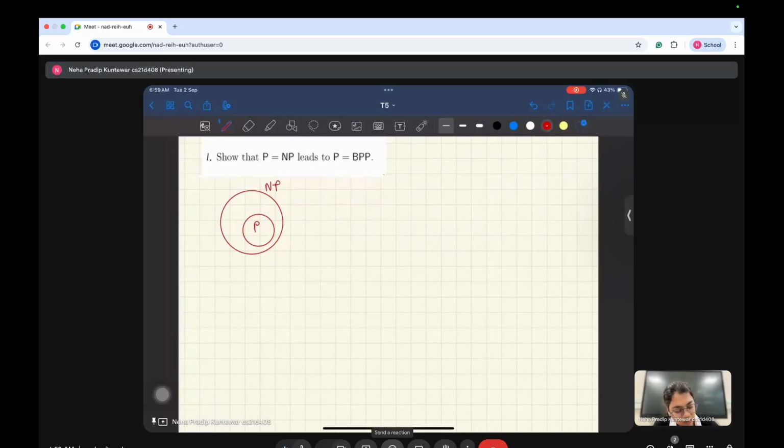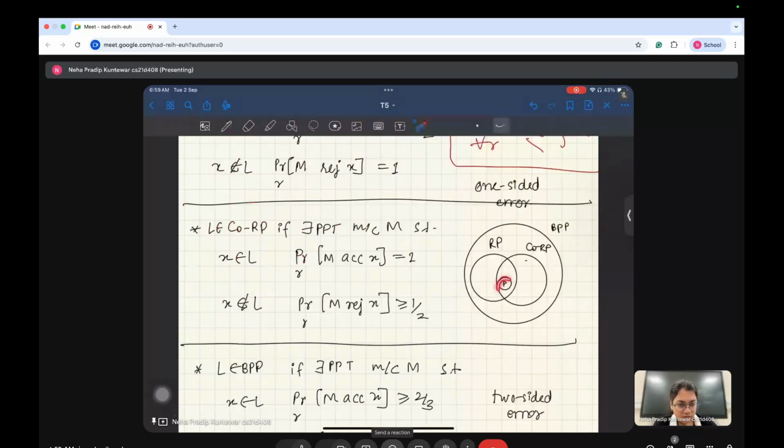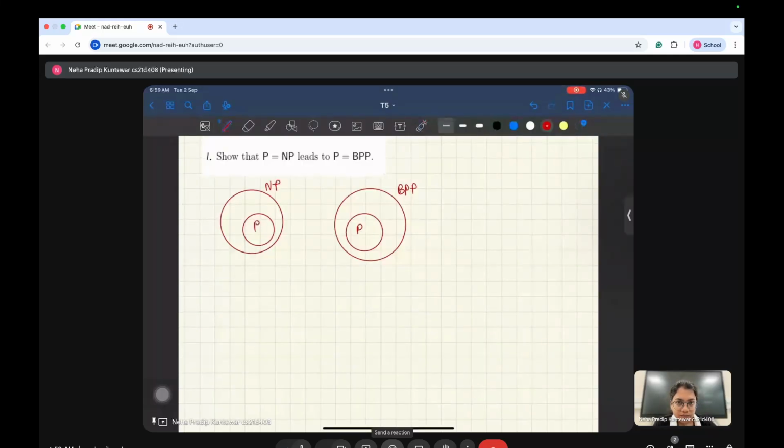The other major open problem that we have is whether BPP is equal to P. We know that P is inside BPP, that's something we saw already here. But we don't know whether they are equal. And in fact, we don't know whether NP is equal to BPP. That is another big open problem.